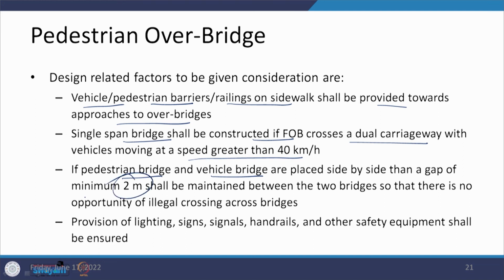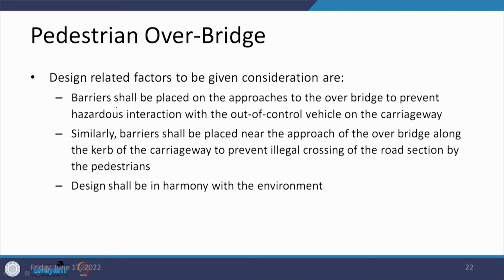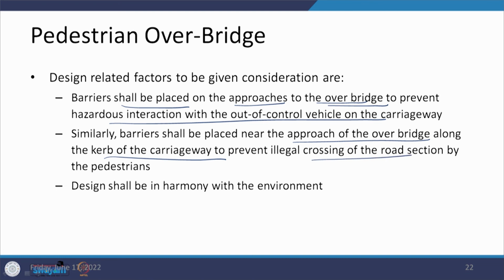Otherwise, you will find that some illegal activities or crossing patterns may take place somewhere at the top. Provision of lighting, signs, signals, handrails, safety equipment, etc. has to be ensured. Barriers shall be placed on the approaches to the overbridges to prevent hazardous interactions with out of control vehicles. Similarly, they have to be placed on the approaches of the overbridges along the curve of the carriageway to prevent illegal crossing of the road sections by the pedestrians.